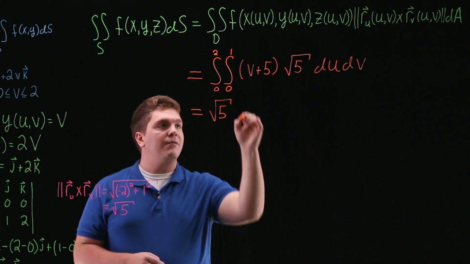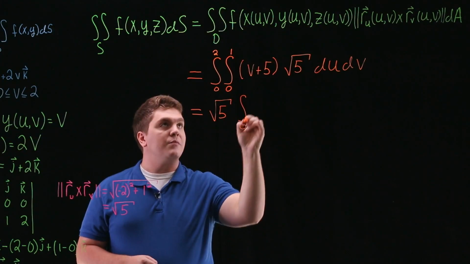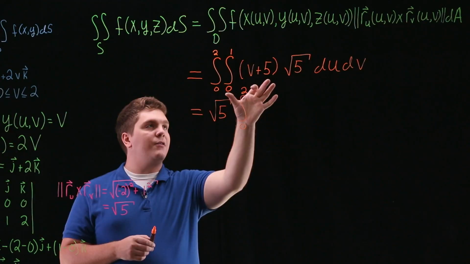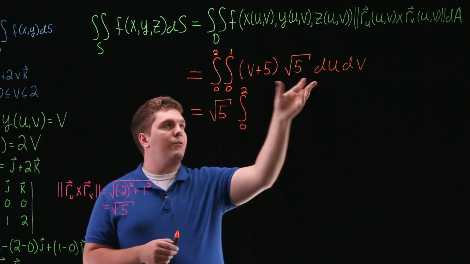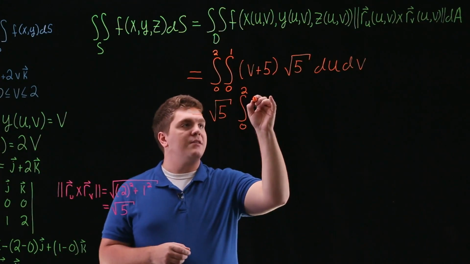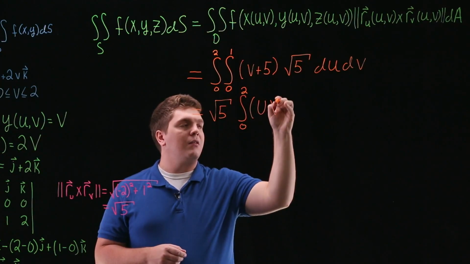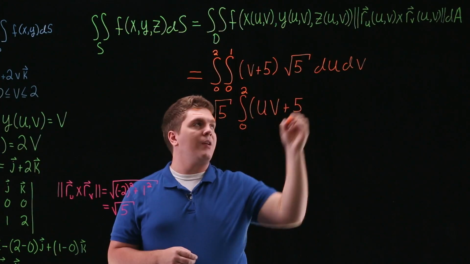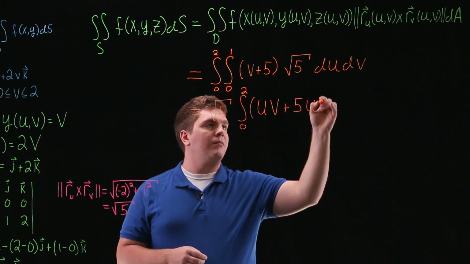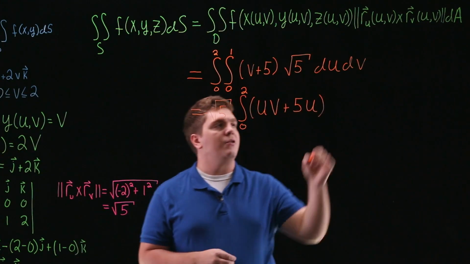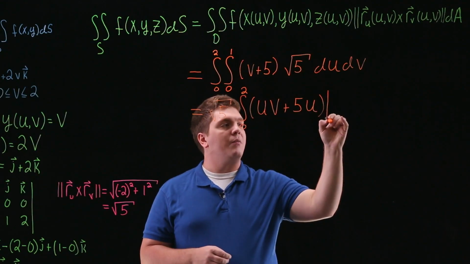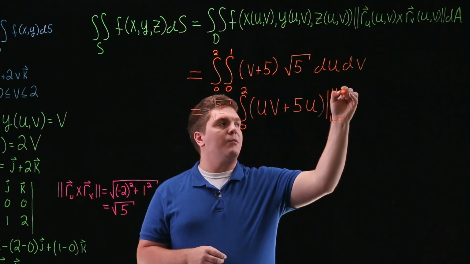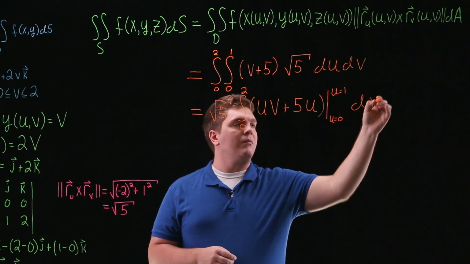So we have the square root of 5 times the integral from 0 to 2, and at the same time let's evaluate the integral of v plus 5 with respect to u. This is going to be uv plus 5u, evaluated from u equals 0 to u equals 1, dv.